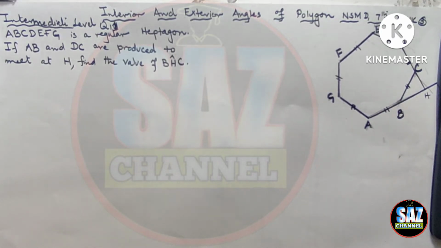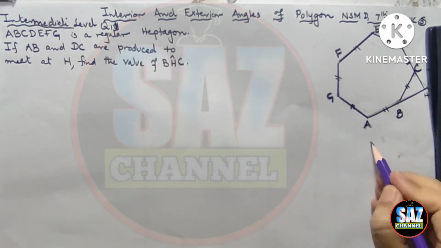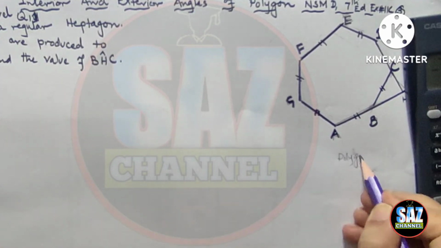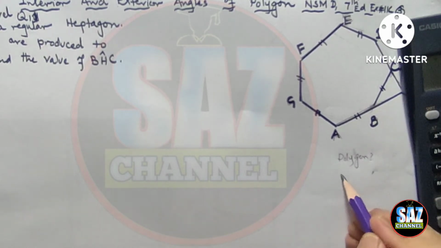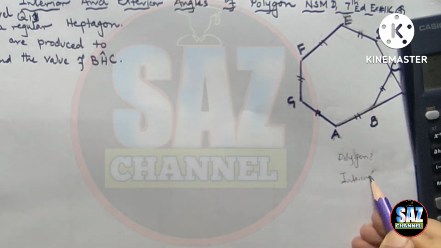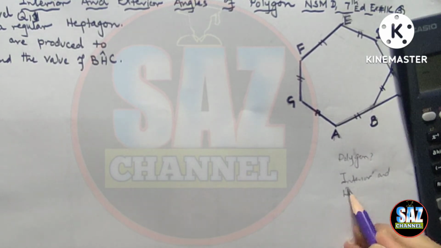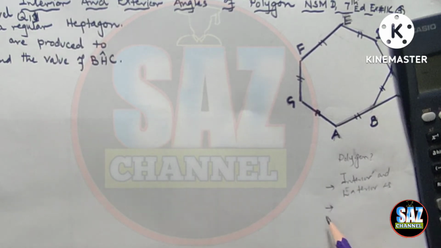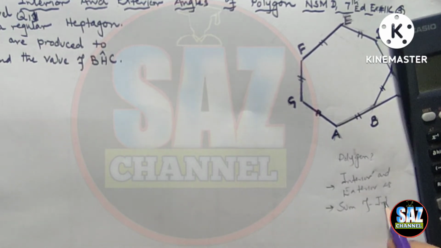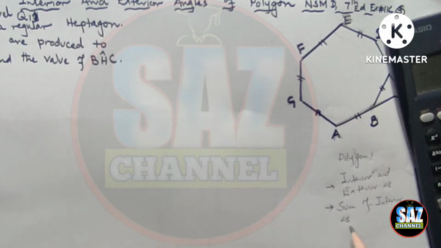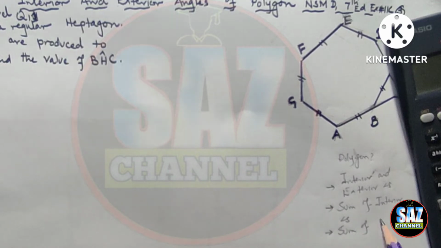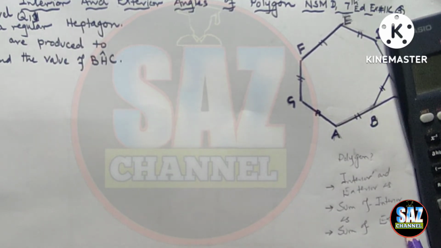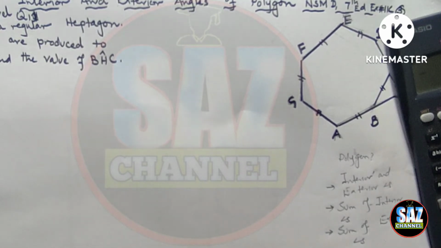I hope you have watched those lessons and you are clear what a polygon is, what the interior and exterior angles are, what the formula is for finding the sum of interior angles of a polygon, and what the sum of exterior angles of any polygon is.